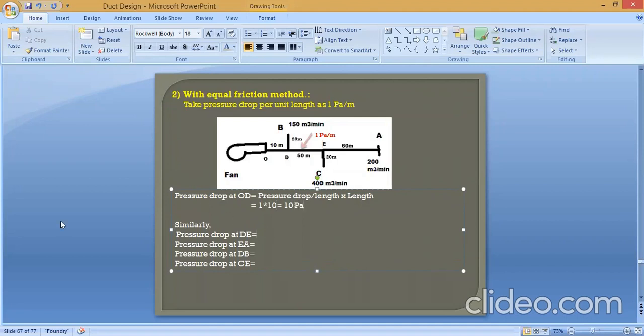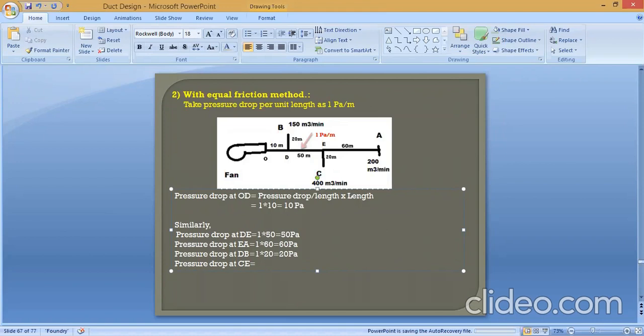Similarly, for D to E, where is D to E? DE length is 50. So 1 into 50 comes to be 50 pascal. E to A is 60, so 1 into 60 is 60 pascal. Next is DB. Where is DB? Okay, this is DB. Length is 20 meter. So 1 into 20 is equal to 20 pascal.